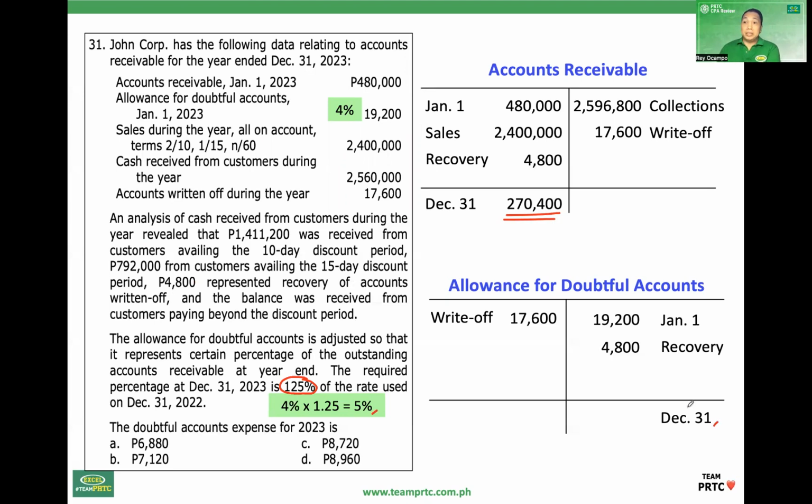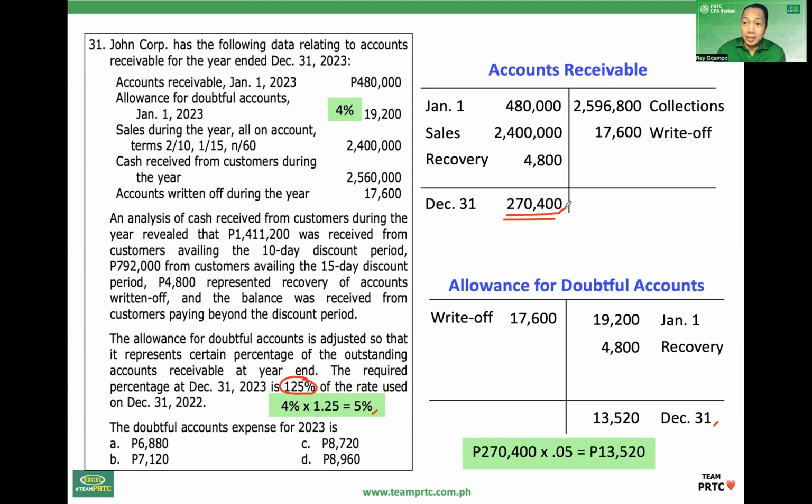Using percent of AR method, AR times rate, that is the required allowance. So kaya tinawag siyang balance sheet or statement of financial position approach. So ang focus niya nandun sa allowance. So AR ending times 5%, that's the required allowance. So yung should be balance ng allowance account at December 31, 13,520.